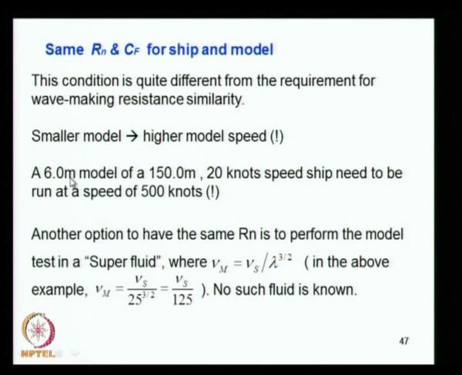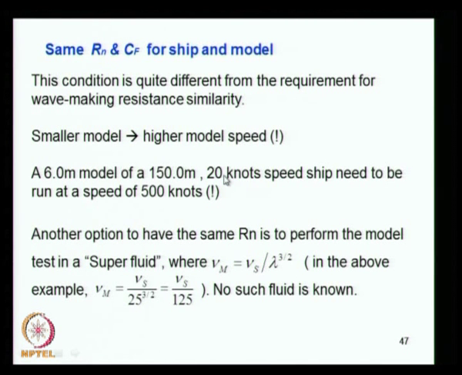We consider a ship 150 meters long and a model length of 6 meters. So here the ratio is 150 by 6, lambda is 25, and the ship speed is 20 knots. So the model speed needs to be ship speed into lambda.